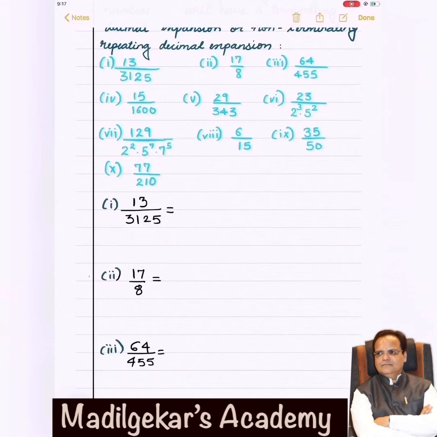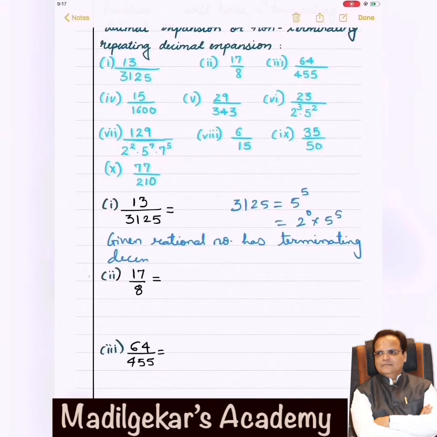3125 is nothing but 5 raised to 5. It means it is 2 raised to 0 into 5 raised to 5. So here the denominator can be expressed in the form of 2 raised to m into 5 raised to n. So the given rational number has a terminating decimal expansion.